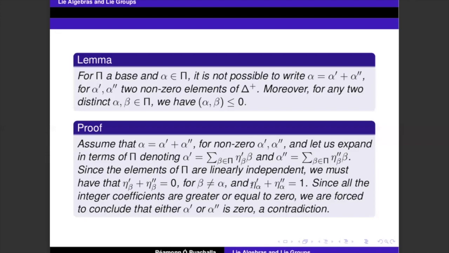And similarly, if eta double prime is equal to 0, then alpha double prime is 0. But that's a contradiction because we assumed that alpha prime and alpha double prime were both non-zero, which is what we're trying to prove. Thus, we see that any element of a base cannot be broken apart into a sum of two non-zero positive roots.